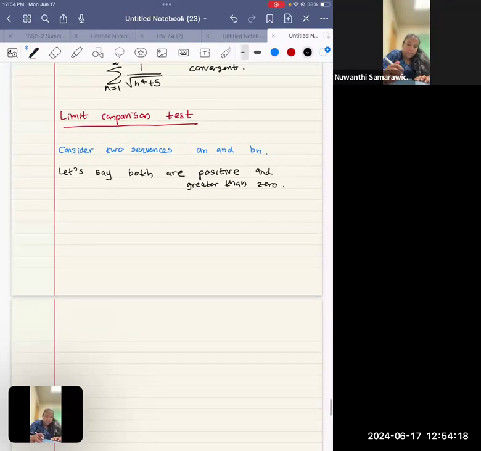Okay. So the limit comparison test means if n approaches infinity, a sub n divided by b sub n, if you get a finite number, this is a finite positive number. Also remember it should be a positive number.